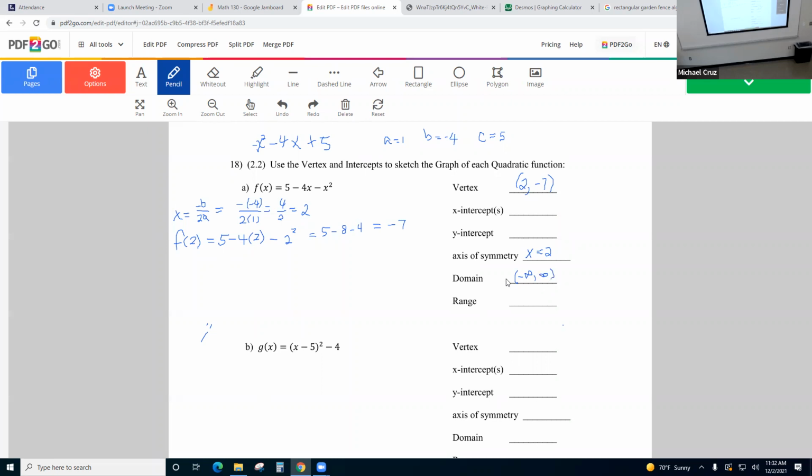The y-intercept is just the number hanging off the end. So the one that has the most work is the vertex and the x-intercept, because now we got to solve this, and I'm going to use the quadratic formula.